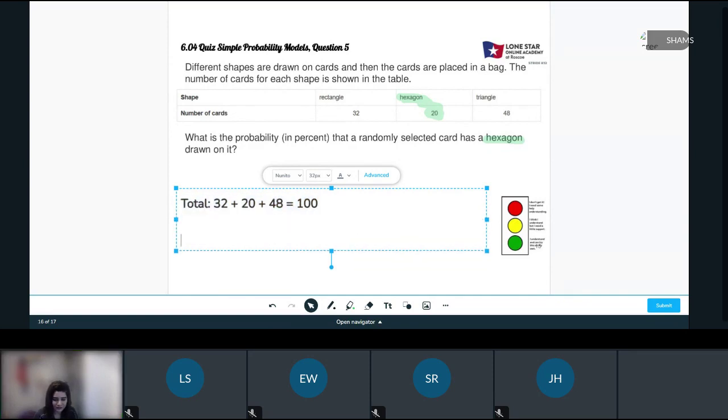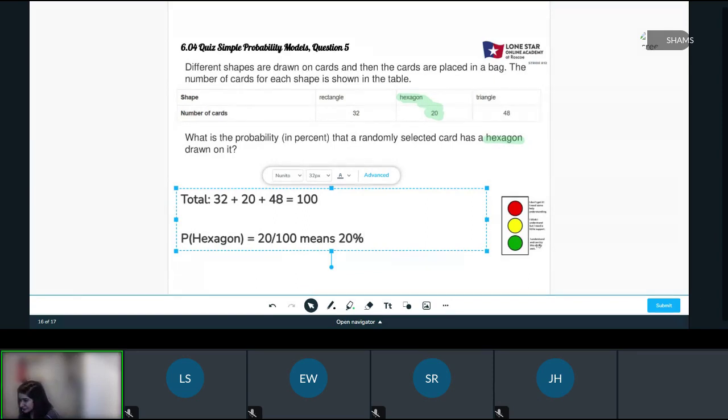Out of these 100, the probability of selecting a hexagon is 20 out of 100, which means 20% without calculations, because percent is a number out of 100. There you go, Joycelyn. That was super easy.